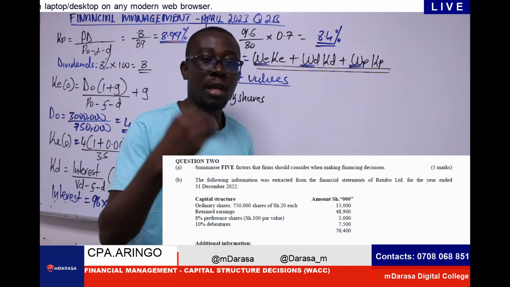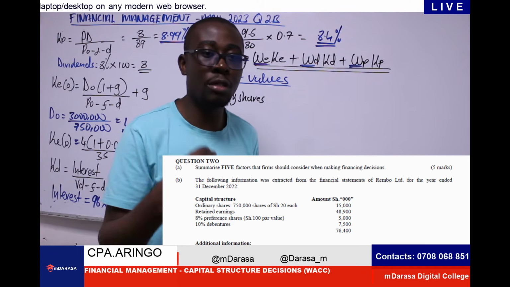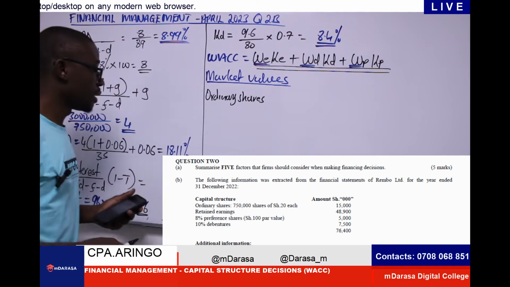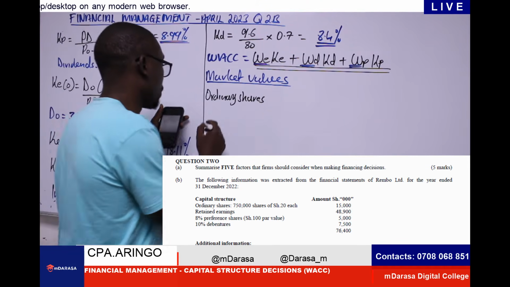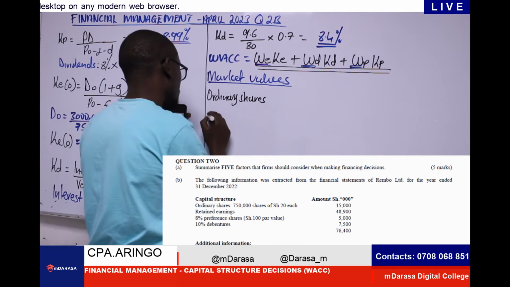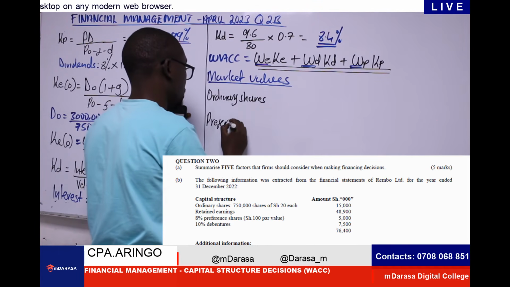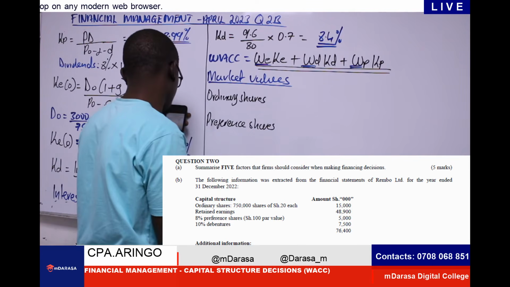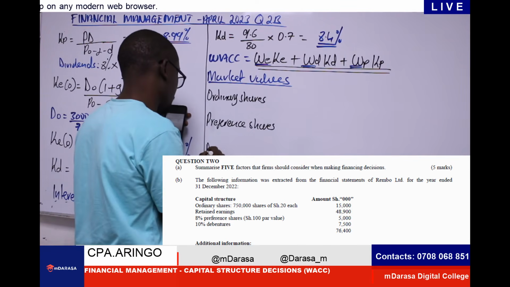But when we'll be talking about WMCC, we'll always be talking about the retained earnings. So that is important to note, okay? We take the other component, which is preference shares. And the other component, we take debentures.